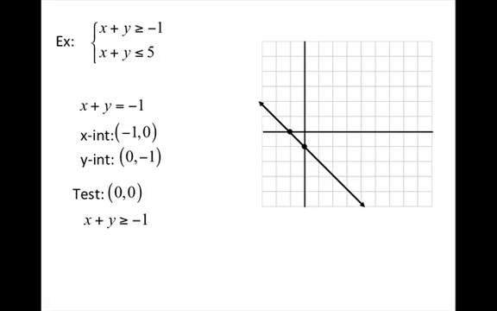If x and y are both 0, that gives me 0 is greater than or equal to negative 1, and this is true. Since 0, 0 was true, every point to the right of, or you could think of it as above that line, is part of the solution. So the area to the left or below the line is not part of the solution. So I'm going to mark out that area.